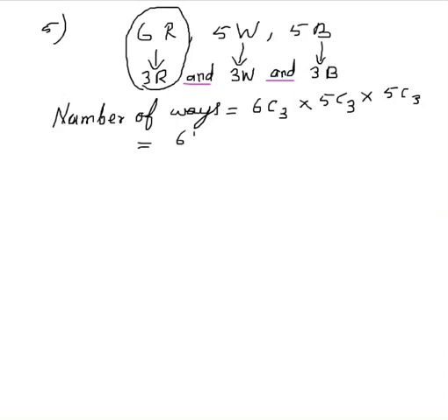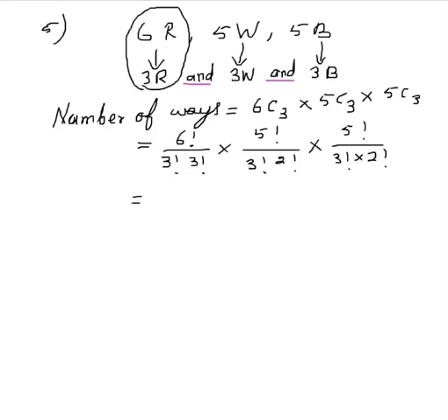Let us simplify. This is 6 factorial divided by 3 factorial times 3 factorial, and this is 5 factorial divided by 3 factorial times 5 minus 3 is 2 factorial, and here it is the same. Let us cancel 3 factorial. 4, 5 and 6 divided by 3 factorial.